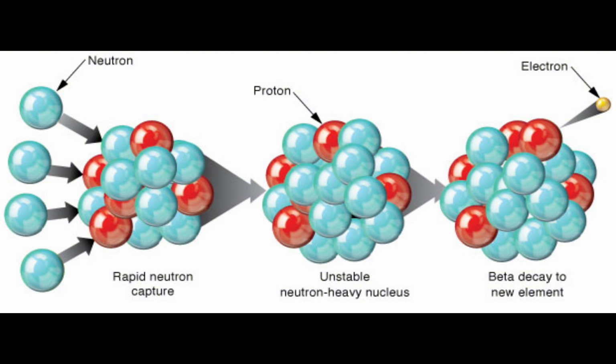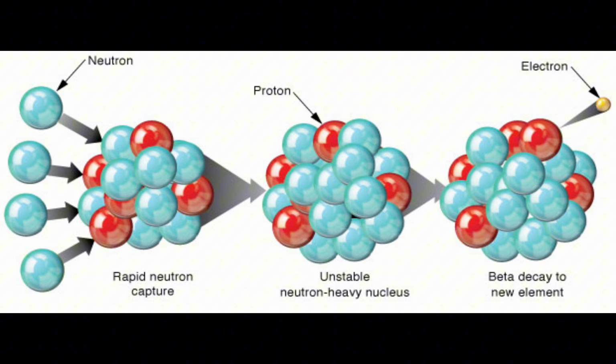These neutron-rich isotopes then undergo a process called beta decay, where a neutron transforms into a proton, which emits an electron and an antineutrino. This turns the nucleus into a heavier element with a higher atomic number.